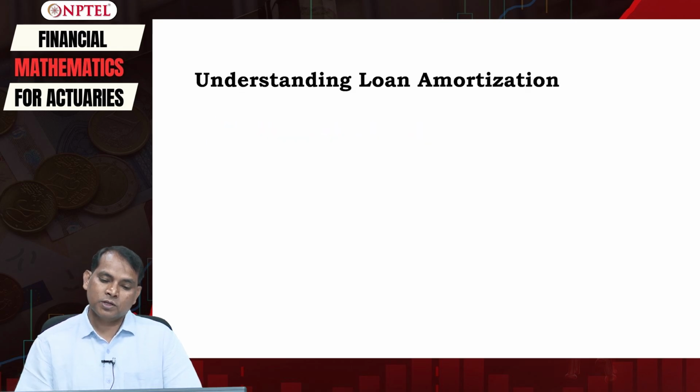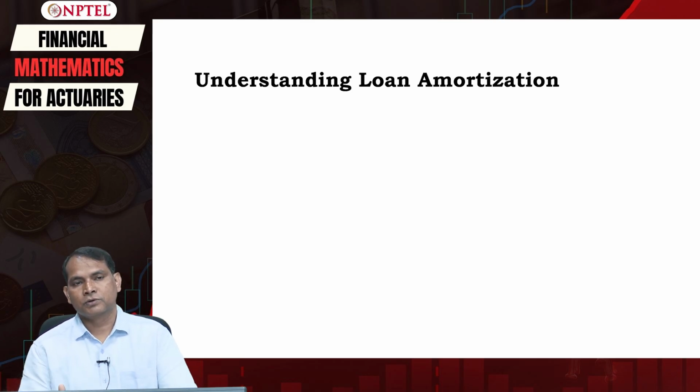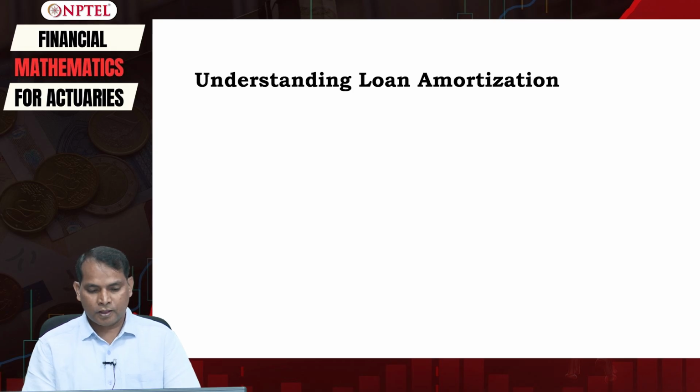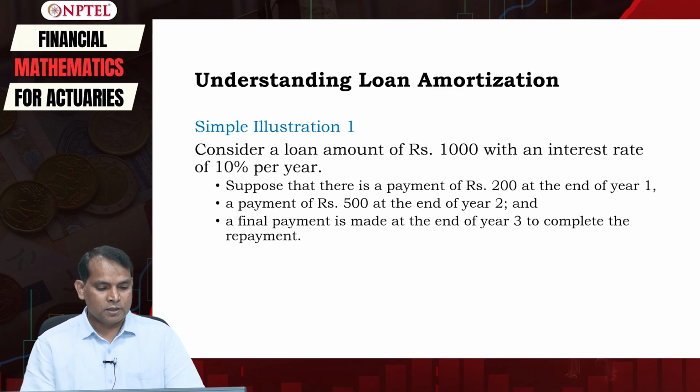Let's understand the loan amortization principle by considering a simple example, and later we will also understand it more formally, putting in all the mathematical notation. But for now, take this example: a loan of 1000 rupees with an interest rate of 10%.